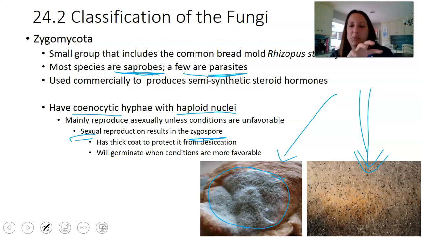The zygospore has a really thick coat over it, which prevents it from drying out, desiccation. And when conditions become more favorable, when there's more moisture present in the environment, then that zygospore will crack open, and it will release spores, and those can then germinate.